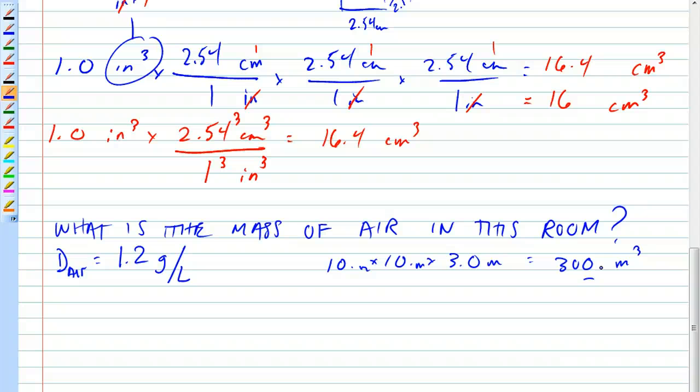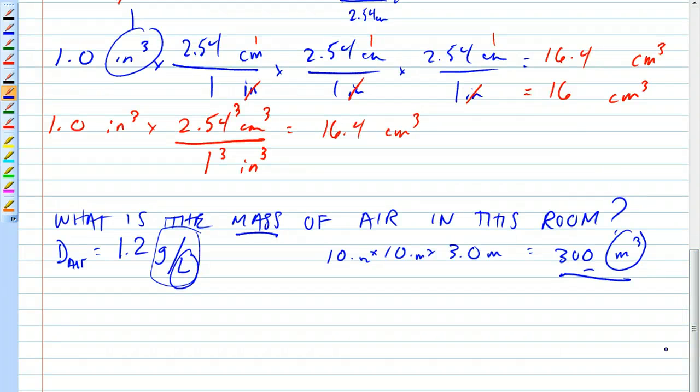Okay, now, what's the mass? And I'm given a volume, so that's where my density is going to come in, right? So I'm going to use the first technique that I showed you, using density as a conversion factor. But I also have to deal with something else, and that is liters and cubic meters. All right? Now, here's what we're going to use to do that.